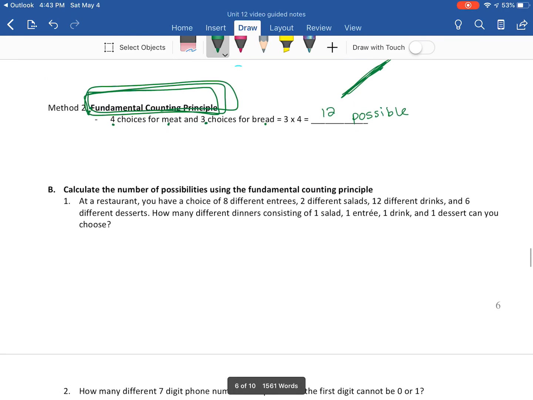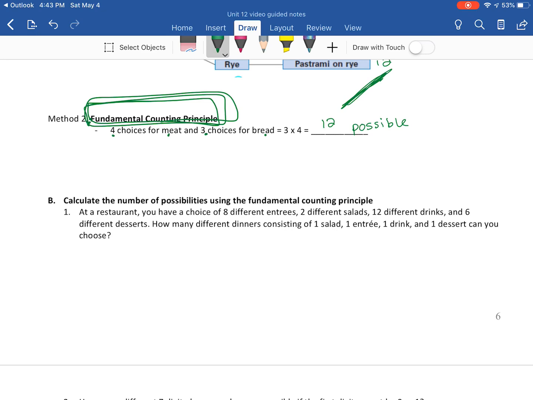So letter B, we want to calculate the number of possibilities using the fundamental counting principle. At a restaurant, you have a choice of 8 different entrees, so 8 different main courses, 2 different salads, 12 different drinks, and 6 different desserts, and we want to know how many different dinners consisting of 1 salad, 1 entree, 1 drink, and 1 dessert can you choose?